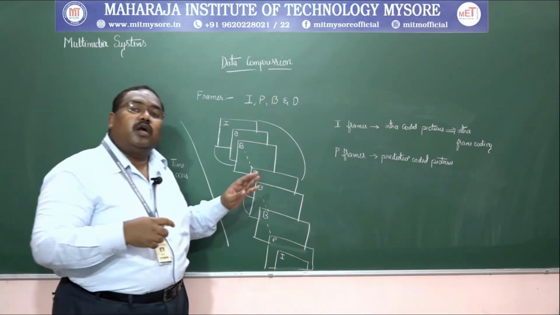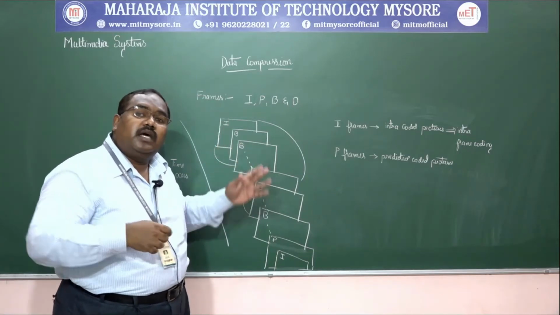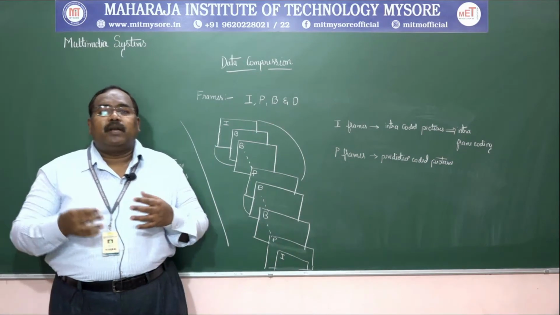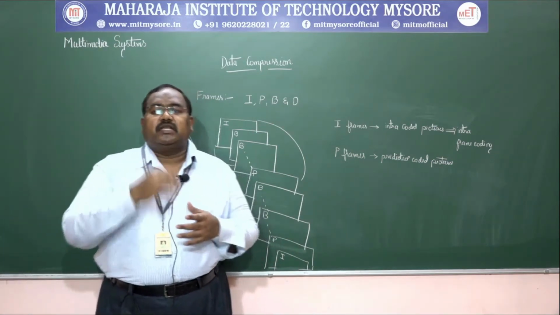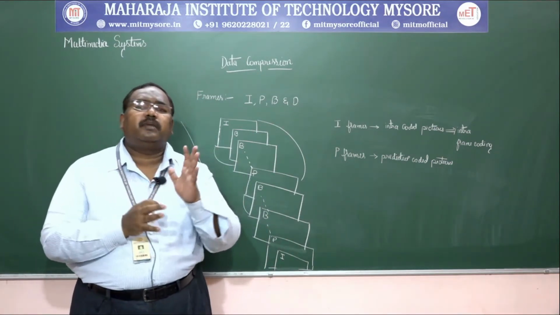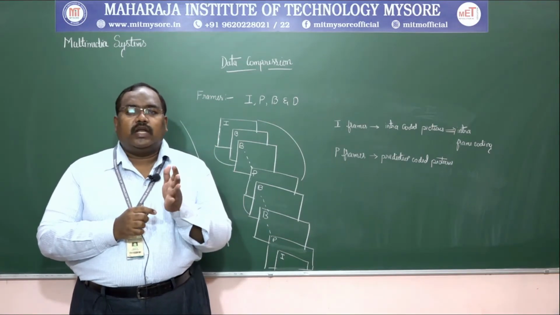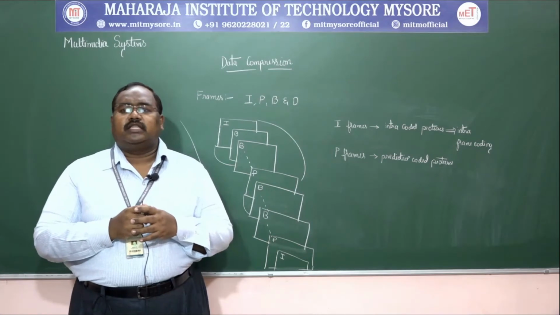It means here we are predicting what the previous one might be. That's why we call this concept predictive coded pictures. So what is this prediction needed for? This prediction is mainly needed for the encoding and the decoding concepts.